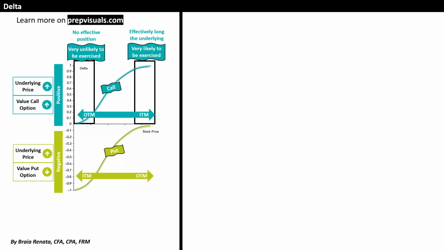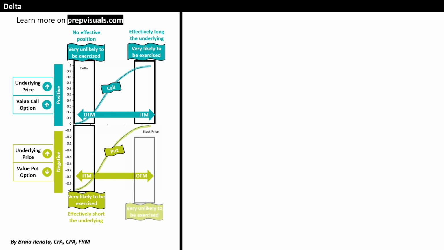And if the put option is deep in the money, it is very likely for it to be exercised, which basically implies a short position in the underlying, hence delta is close to -1. Now, if the put option is deep out of the money, it is very unlikely for it to be exercised, which basically means that there is no effective position and the delta would be close to 0.